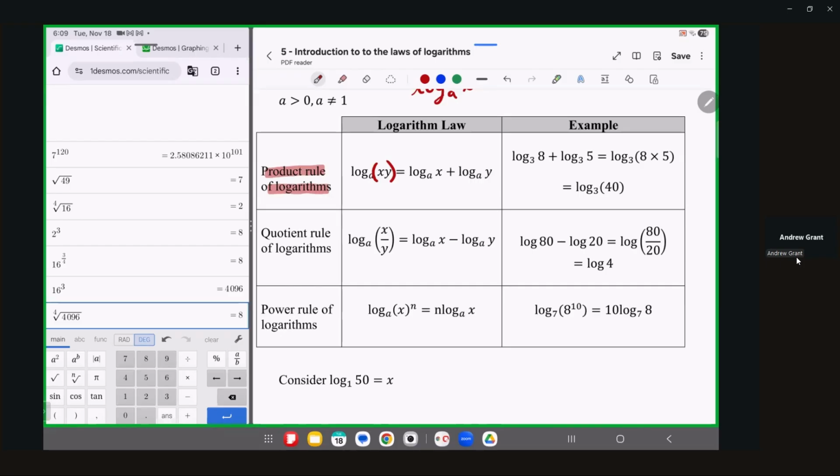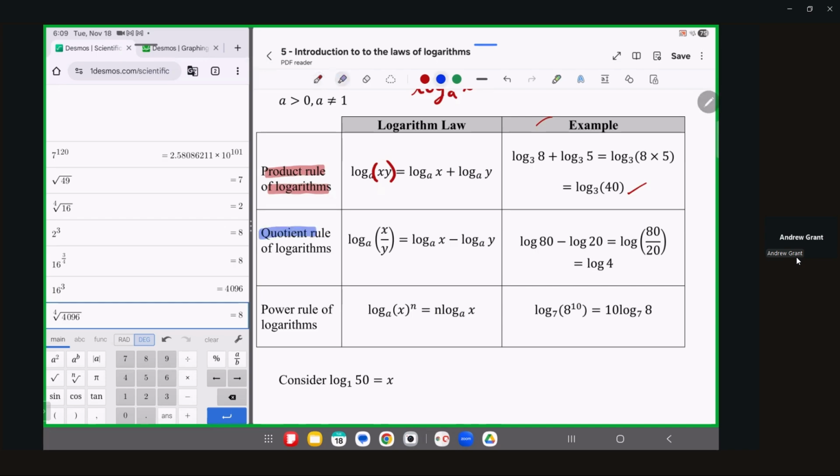For clarity, if we had, say, log base 3 of 8 plus log base 3 of 5, we keep the base, log base 3, and we go 8 times 5, which is 40. You might have noticed the way I spoke is similar. We keep the base. That was true in the case of simplifying exponential powers, where if you were looking at the product power or quotient expressions, you needed to keep the base and do something with the exponents. Here, something similar, but we're just affecting the argument. Okay.